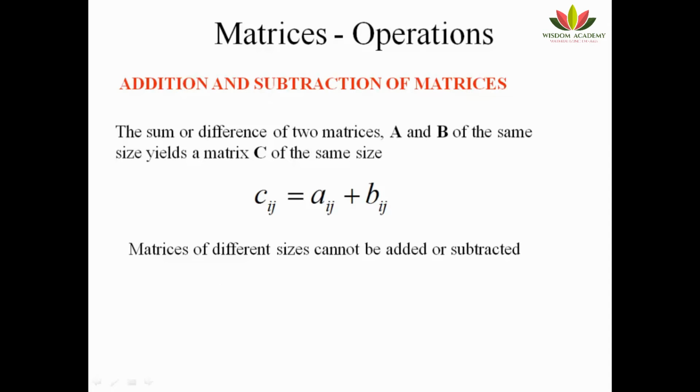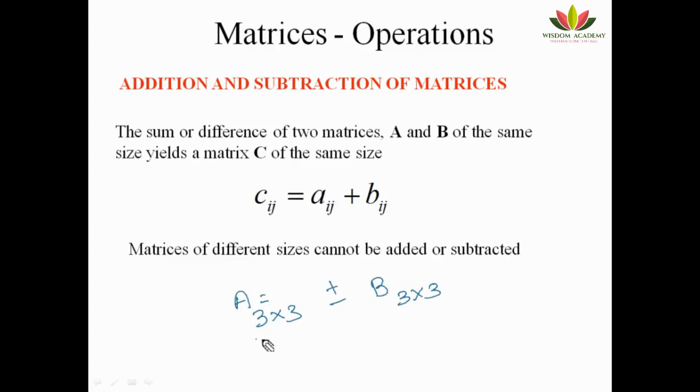Okay. The next operation is addition of matrices. Now we can add or subtract matrices only when they have equal dimensions. If I am taking matrix A of 3 by 3 and matrix B of 3 by 3, then only I can add or subtract.